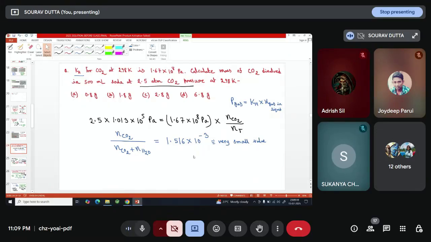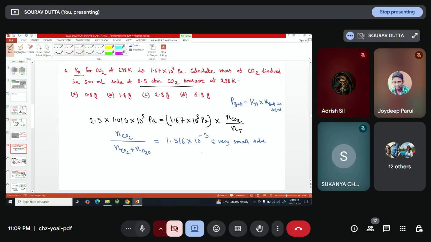So here the mole number of water is very very high with respect to carbon dioxide, because this ratio is very small. That means the lower section is very large compared to the upper section. So we can say the mole number of water is very very high with respect to mole number of carbon dioxide. So here we can write in this way.